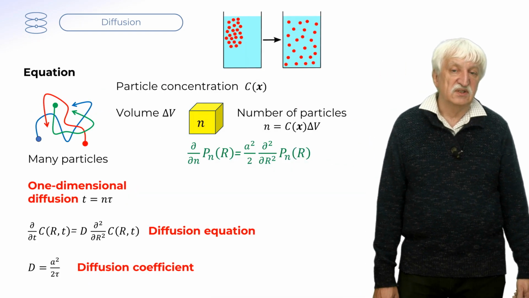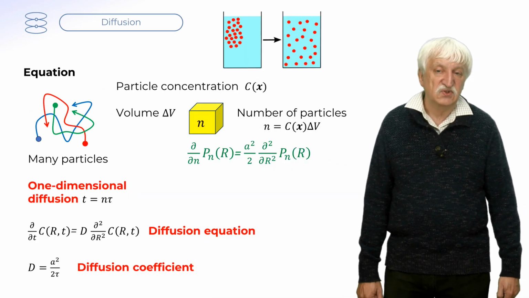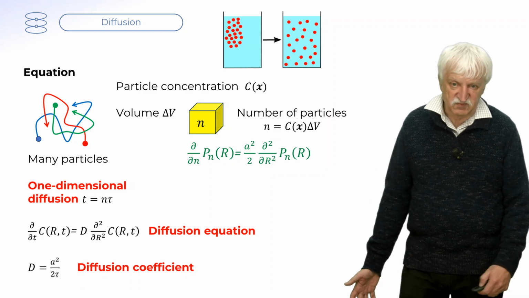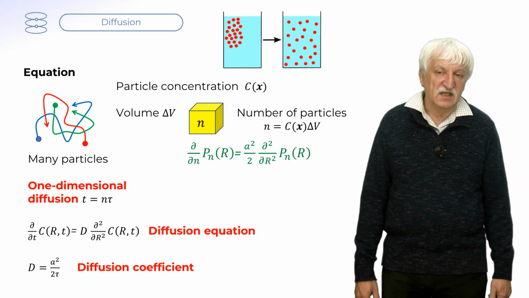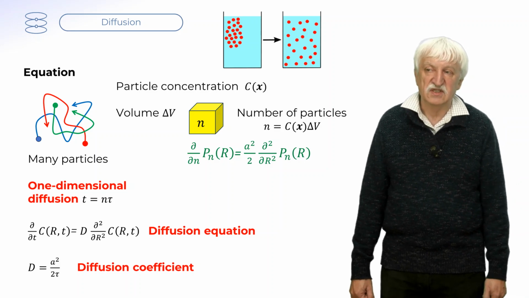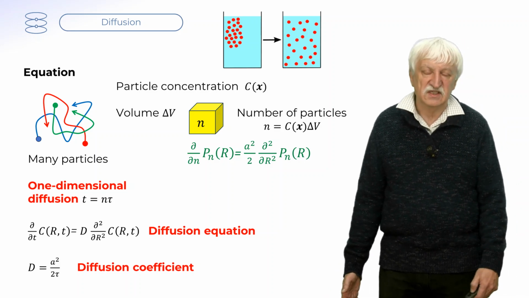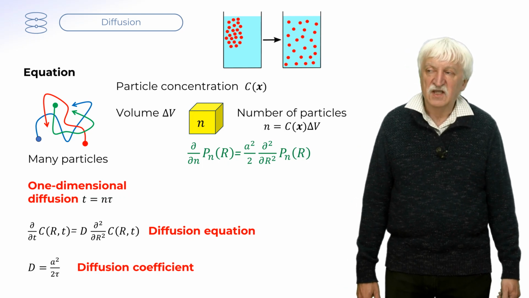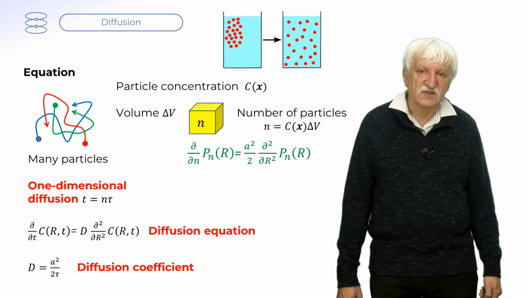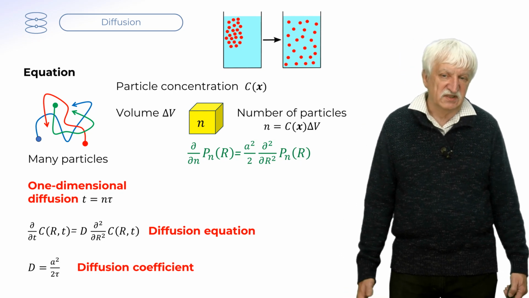And now consider diffusion. What's the difference between, say, Brownian motion and diffusion? Diffusion happens in gases, in liquids, and in solids, and in this phenomenon many particles participate.